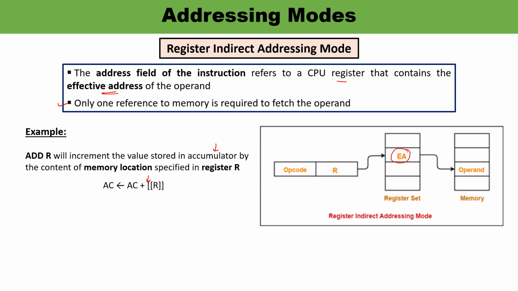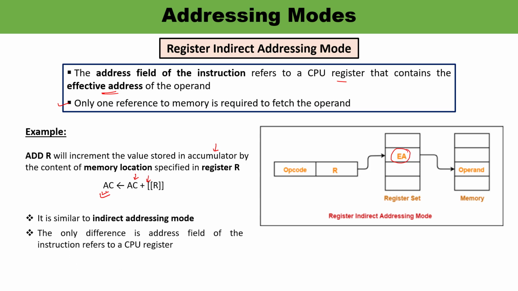That data will be added into the content of the accumulator and the result will be available in the accumulator itself. So here it specifies the data which is to be copied from the memory location. That is why this is the indirect addressing mode. You must remember the difference. And it is very much similar to the direct addressing mode, and the only difference is the address field.